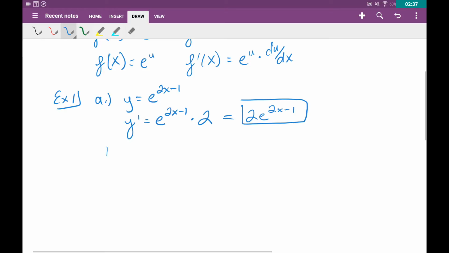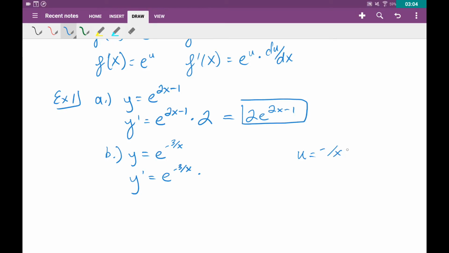Okay, letter B. y equals e to the negative 3 over x power. So y prime equals e to the negative 3 over x, times the derivative of everything on the inside. But this is where I'm going to use that u stuff. So u equals negative 3 over x. We're going to rewrite that as negative 3 times x to the negative 1.